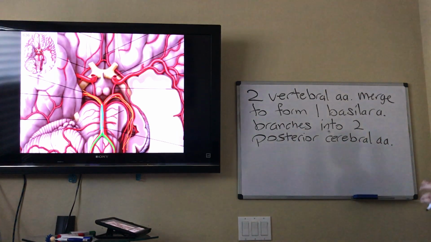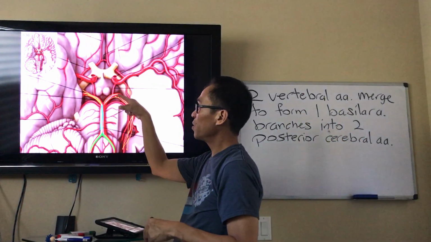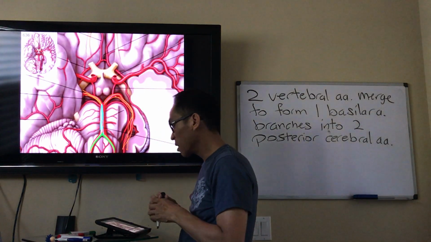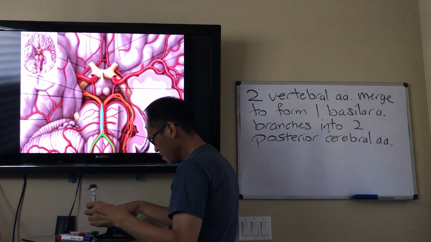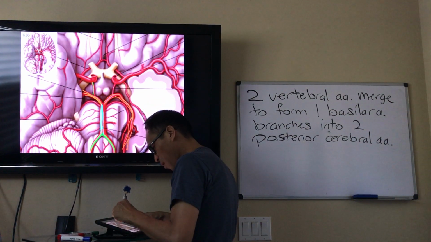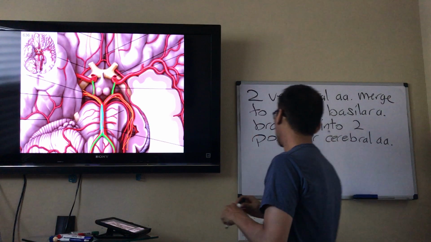One more to note, off the posterior cerebral, you got these two communicating arteries that are going to communicate with the top half of the circle of Willis. Let's use green again. Posterior communicating artery right there, in green again.